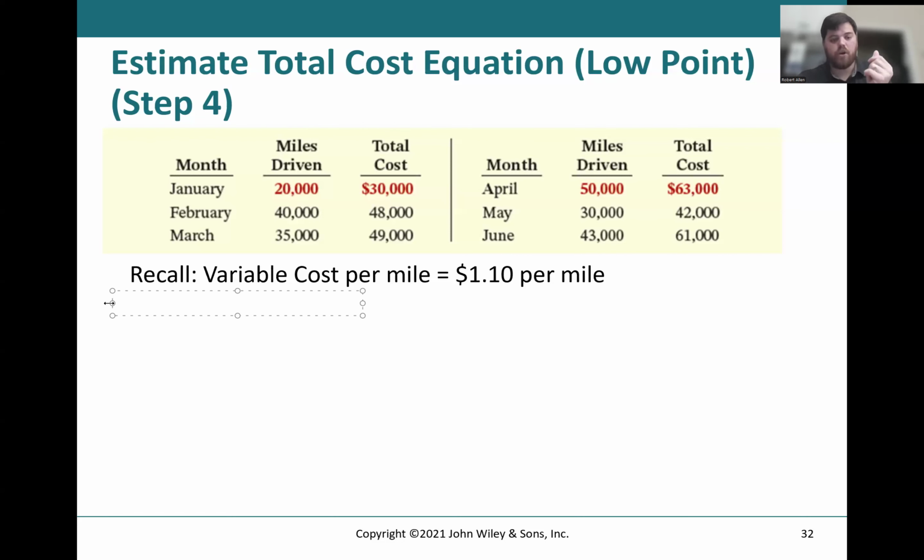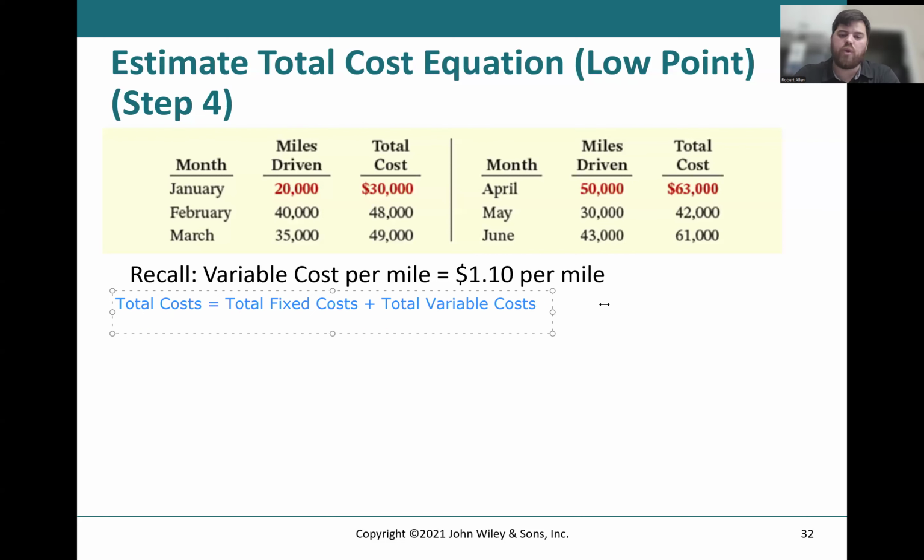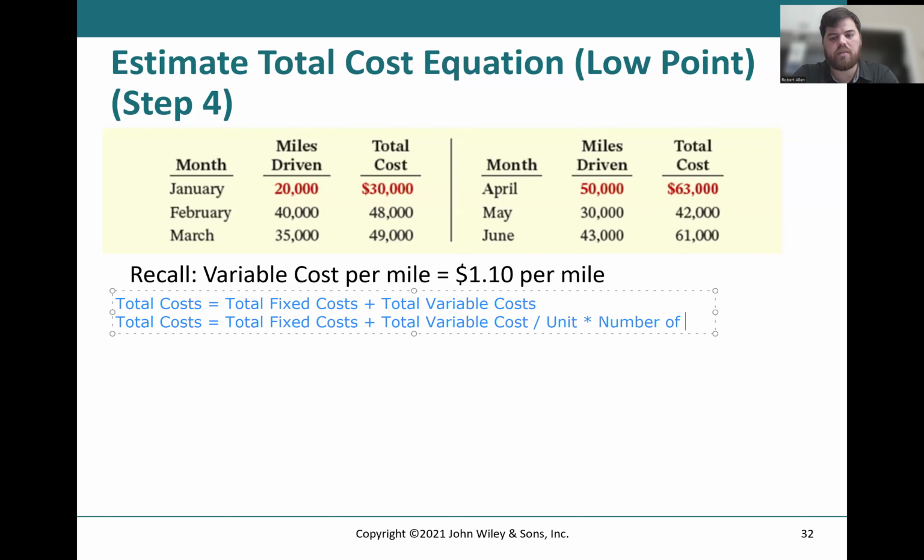So in this case, first step, I'm going to write out my total cost equation. Total costs equals total fixed costs plus total variable costs. And then we're going to rewrite that to say total cost equals total fixed cost plus total variable cost per unit times number of units.